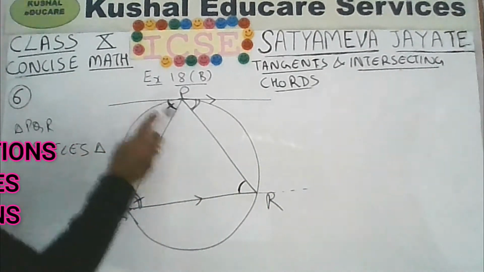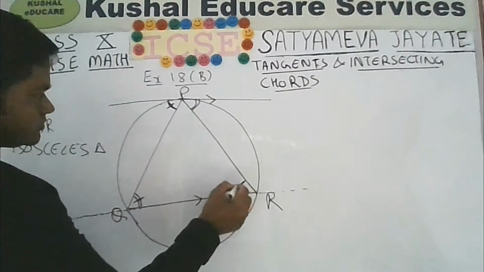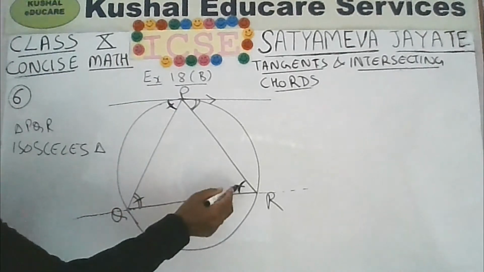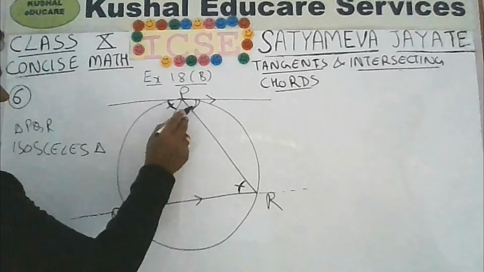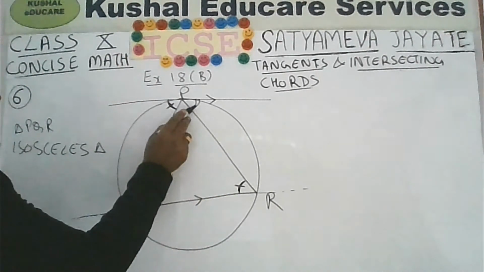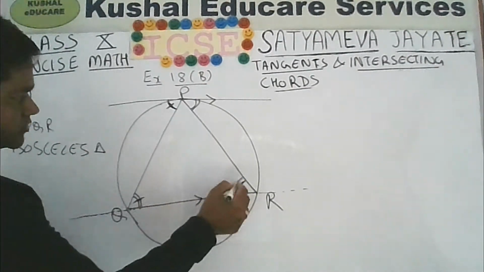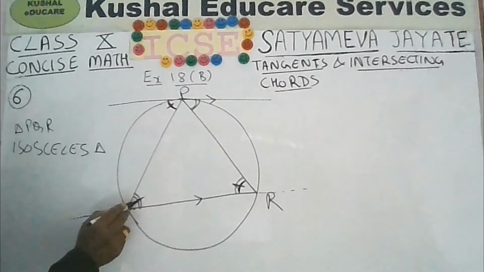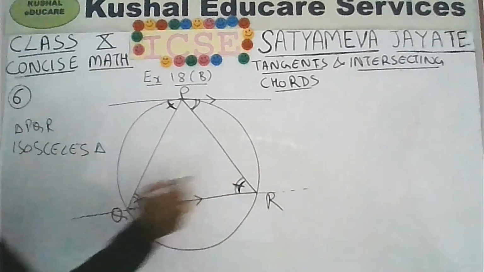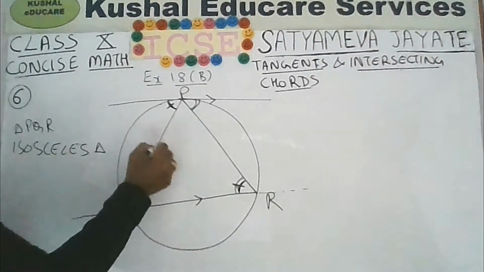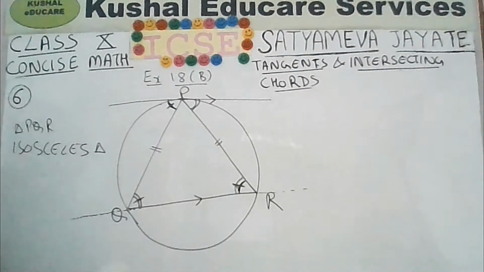So this angle will be equal to this angle. What you can say? You can say that these 2 angles will also be equal. Similarly, you can say that this angle will be equal to its alternate interior angle. It will be equal to this angle, and also this angle will be equal to this angle. Hence, these 2 angles are equal. If these 2 angles are equal, you can say that triangle PQR will be isosceles. These 2 sides will also be equal.